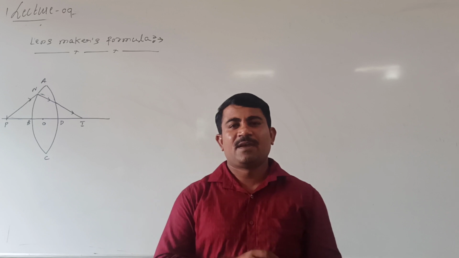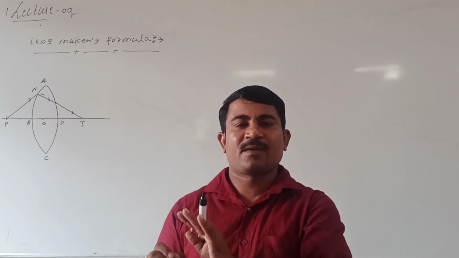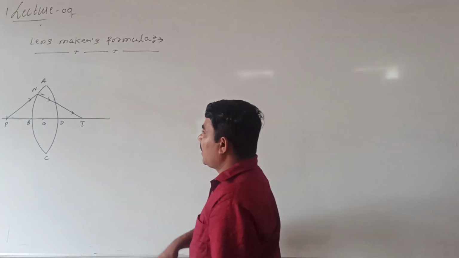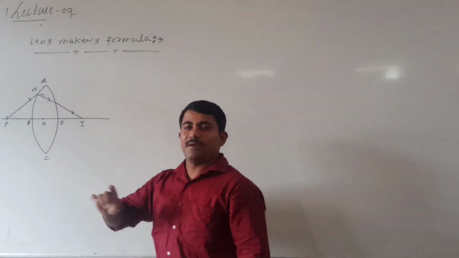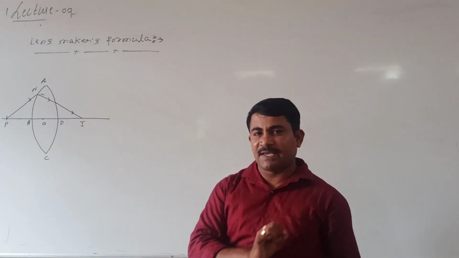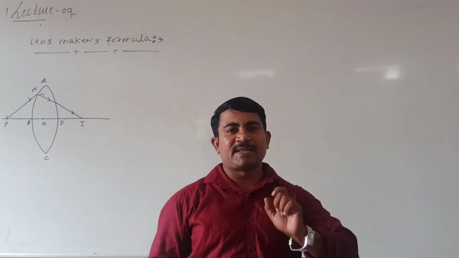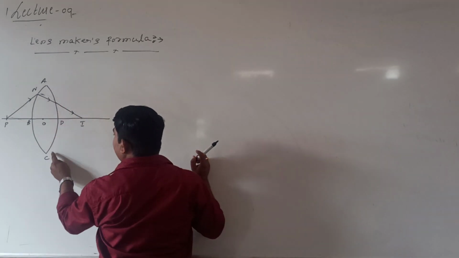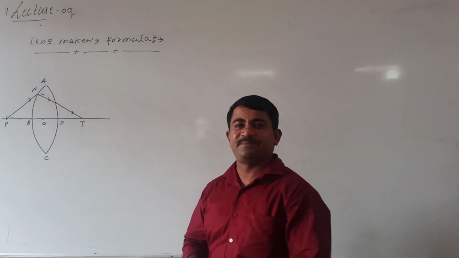But students, the formation of the image can be considered in two ways. One way is in absence of surface ADC, and the other in presence of surface ADC. We know that if the surface ADC is present, the image appears at I point.